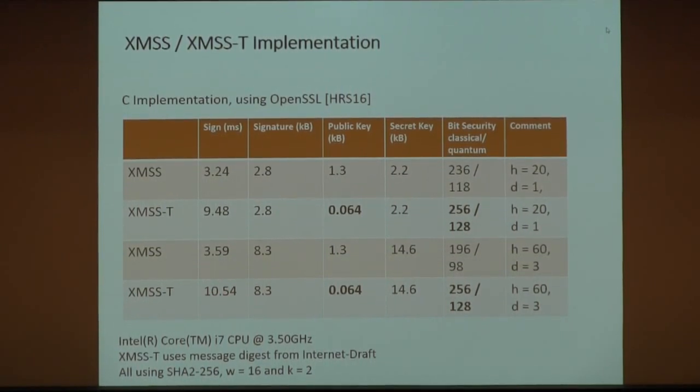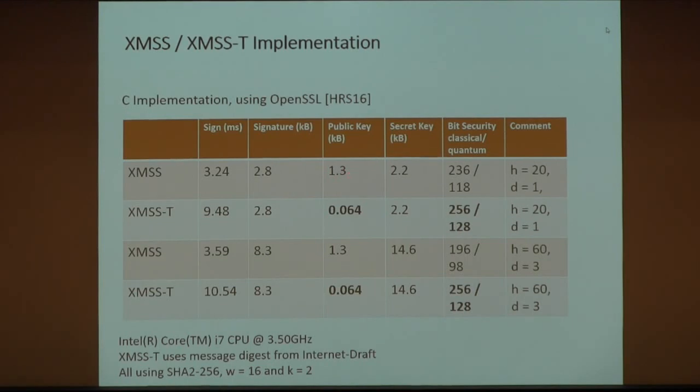The signature size is the same for both schemes. So we've got around 3 kilobyte for the H20 case and a bit more than 8 kilobyte for the H60 case. The public key size, as I said, is 512 bits for these XMSS-T versions, independent of the height.